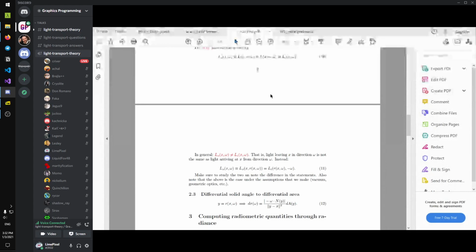So radiance doesn't get attenuated with distance, and light as a particle or as a ray of light doesn't get attenuated. You don't have attenuation of a ray of light with distance. But if you consider not radiance but, let's say, flux or whatever, that gets attenuated with distance because you measure it over some surface area.